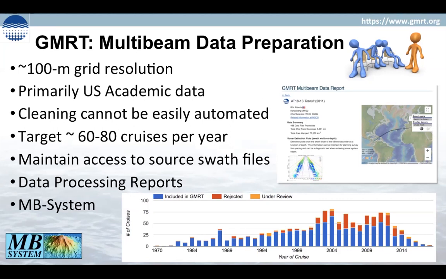We're also generating data processing reports, and there's an example of that on the right here. We're basically telling you how many files we processed, what the ship track coverage is, what the total area mapped is, and we're also creating extinction plots. These are simple ways of seeing the functional performance of the multibeam system in terms of swath width as a function of depth.